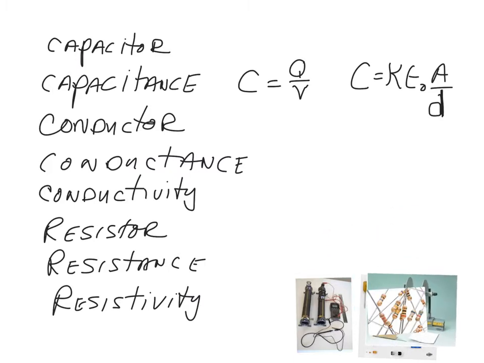And now we want to go to, before we talk about capacitance, I want to talk about conductance. I mean resistance. We'll talk about conductance first. So a conductor, what's the simplest possible conductor? A wire.